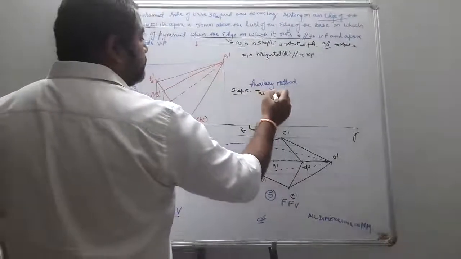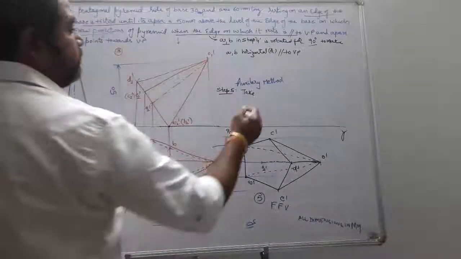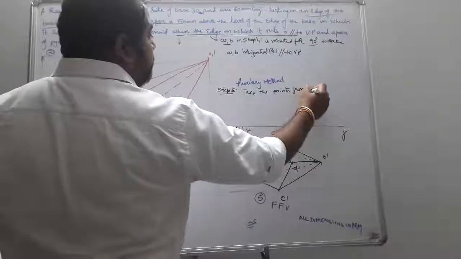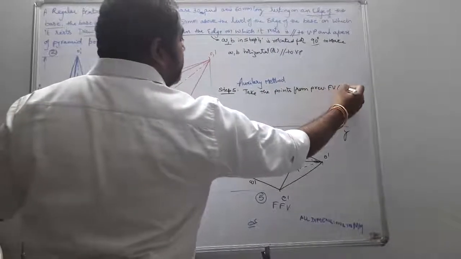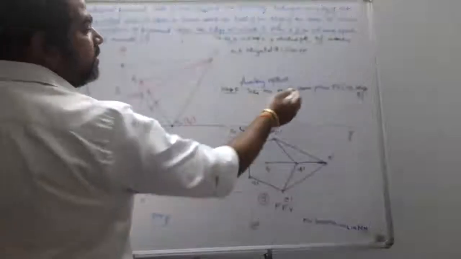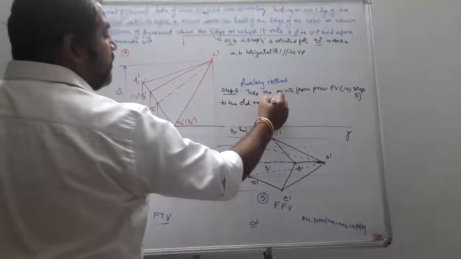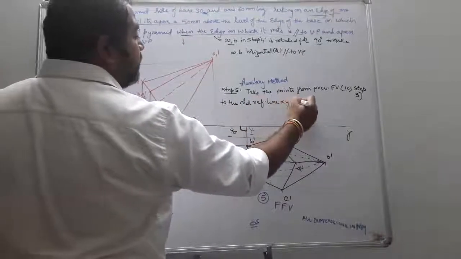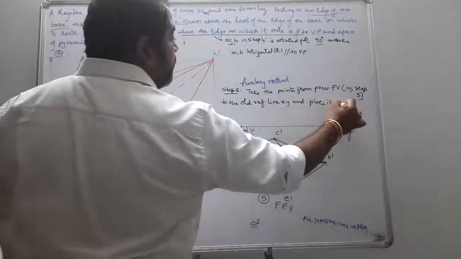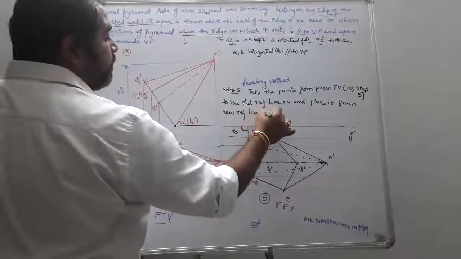Take the points from the previous front view, that is step 3, with respect to the old reference line XY, and place them from the new reference line X1, Y1.